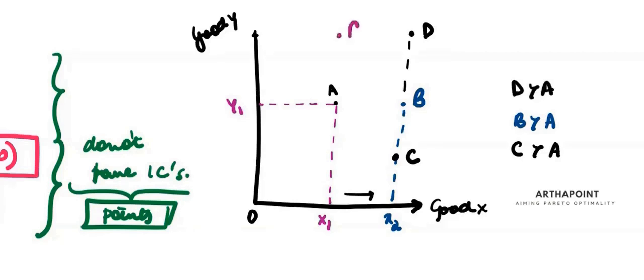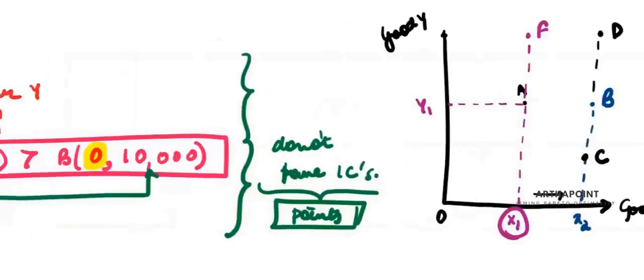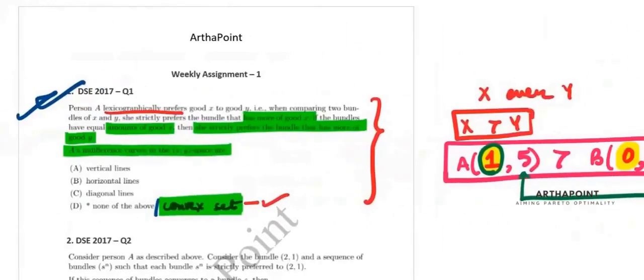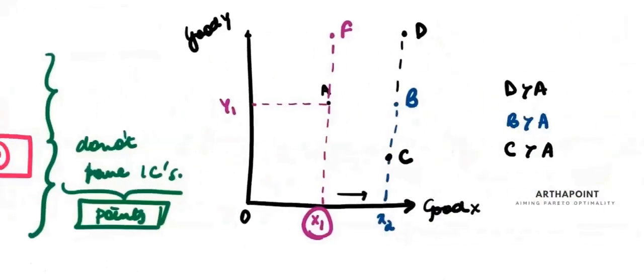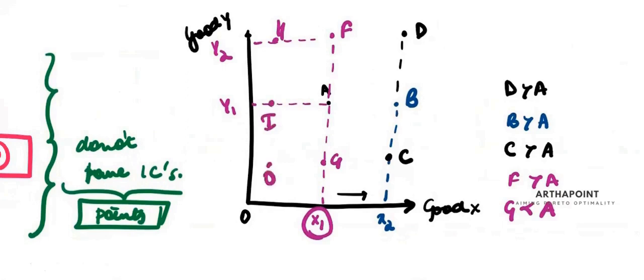Point F. F has the same amount of good X. But what is lexicographic preference? That if you have the same amount of good X, then whichever has more of good Y is preferred. So F has more of good Y, so F should be preferred over A. Point, let's say G. G should be less preferred than A. You can take different points, H, I, O. Each point will have a different level of utility.